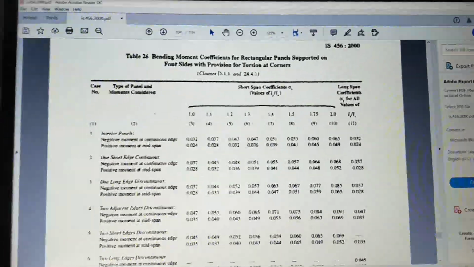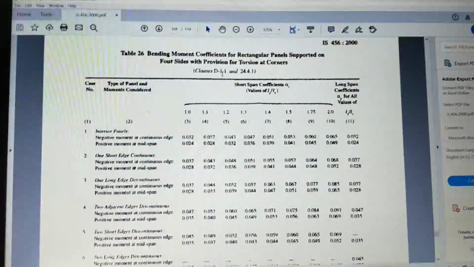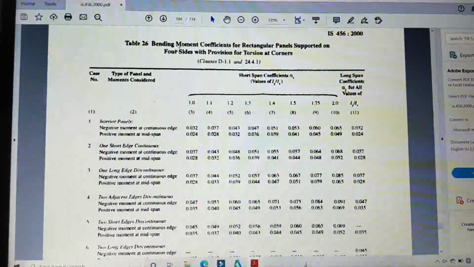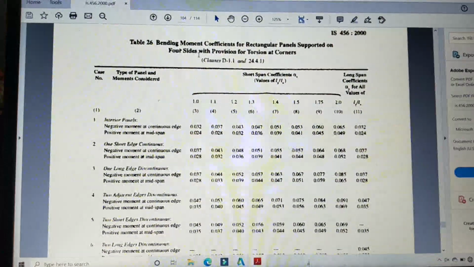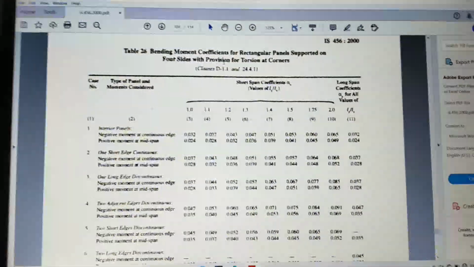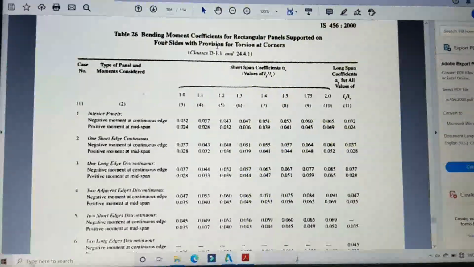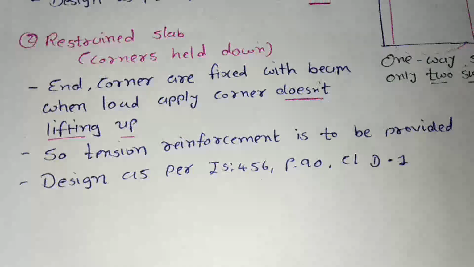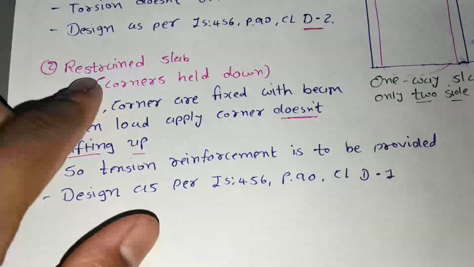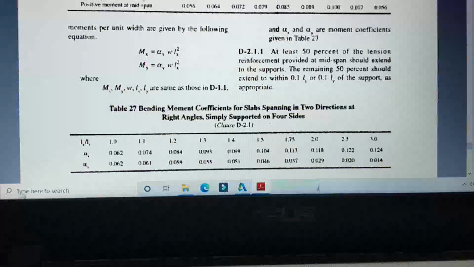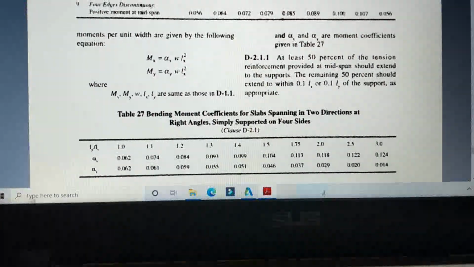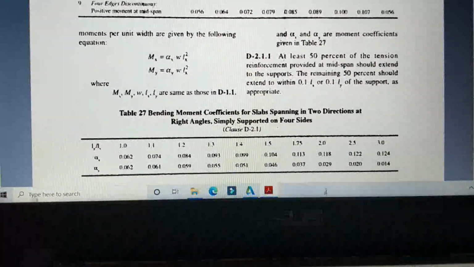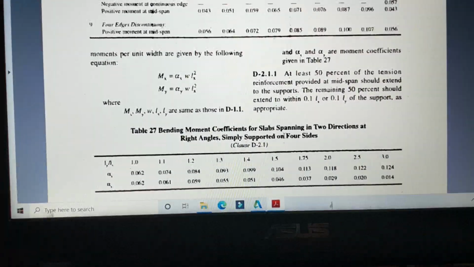This is D-1.1, when supported on four sides with provision for torsion at corners. This is the same condition, corners held down and restrained. This is the second condition, simply supported on four sides.